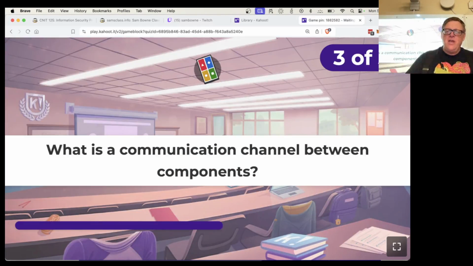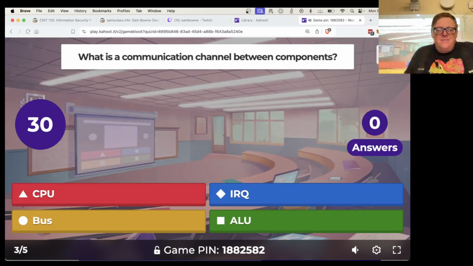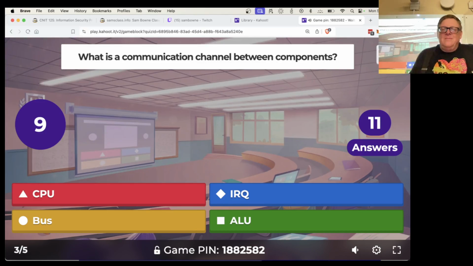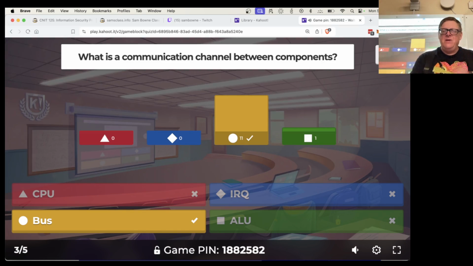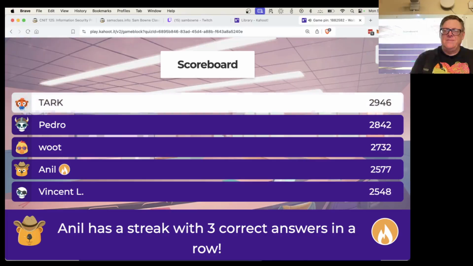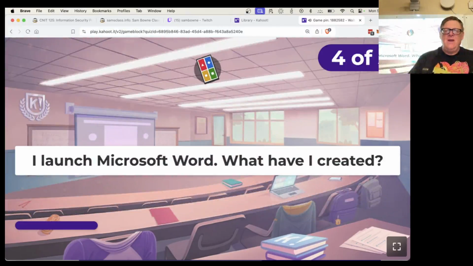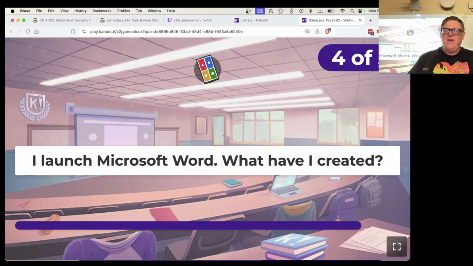All right, communication channel between components. That's the bus. Good. When I launch Microsoft Word, what have I created?